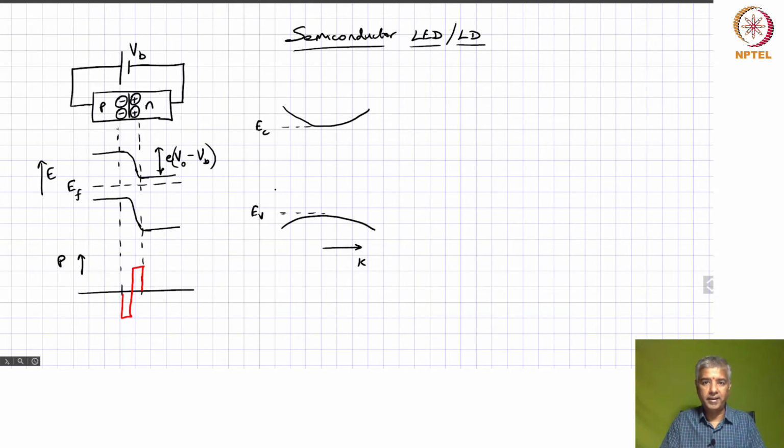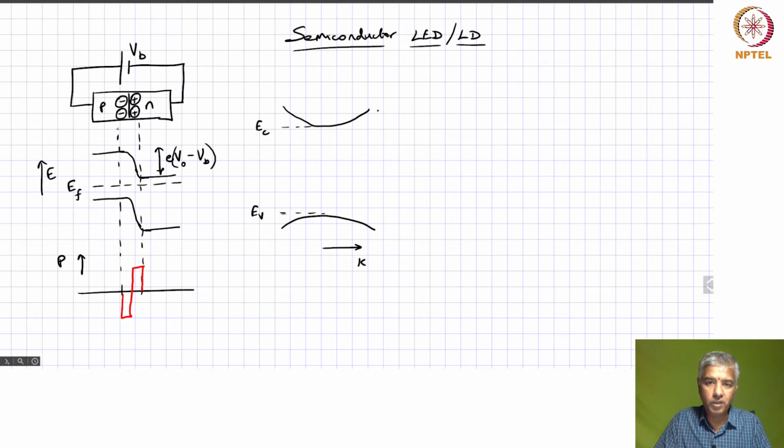That's called a direct band gap semiconductor. Of course, you could have a case where the bottommost energy in the conduction band happens at a different K value, and in those cases it's called an indirect band gap semiconductor.